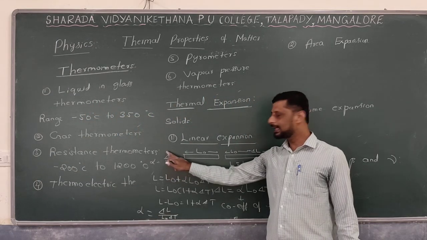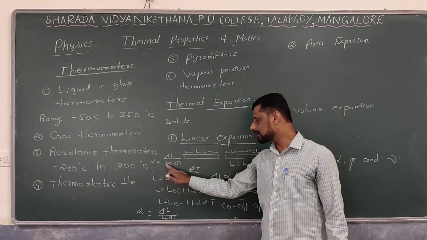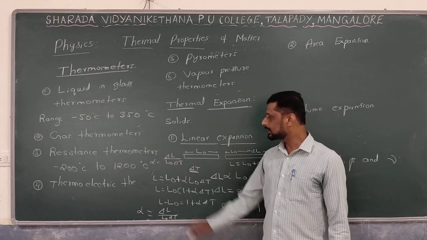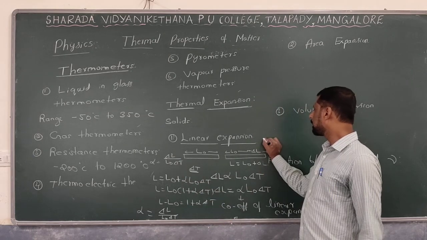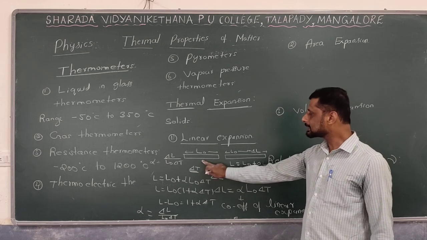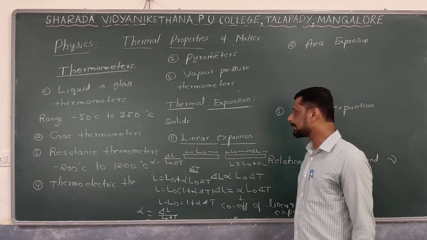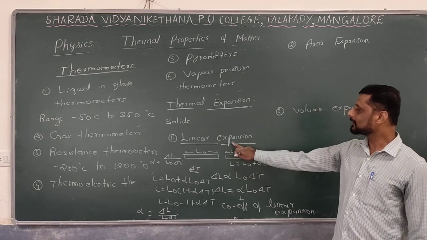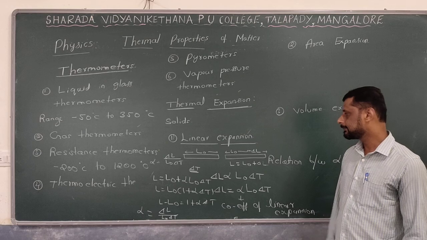The ratio of the change in length to the original length with respect to the change in temperature. That is known as the coefficient of linear expansion. Its unit is per degree Celsius or per Kelvin. So alpha indicates to what extent the length of the object is increased with respect to the increase in temperature. The increase in length of the object with increase in temperature is called linear expansion.